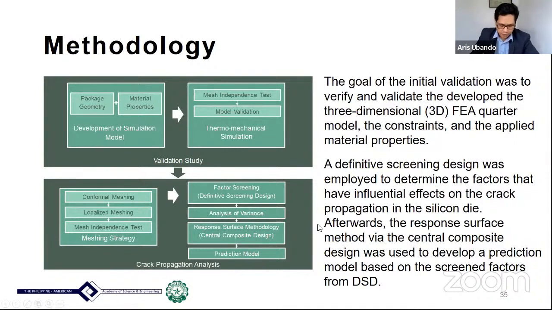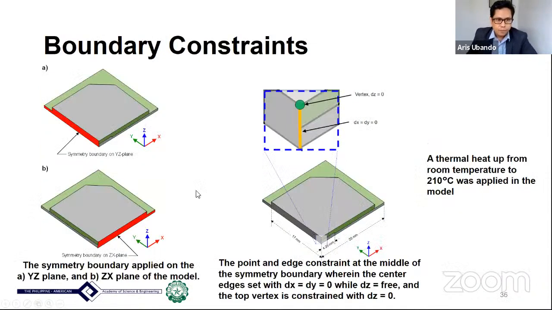So under boundary condition, we have here the application of the symmetry on the left side and the right side of the quarter model. Then we try to apply a point and edge constraint in this section.